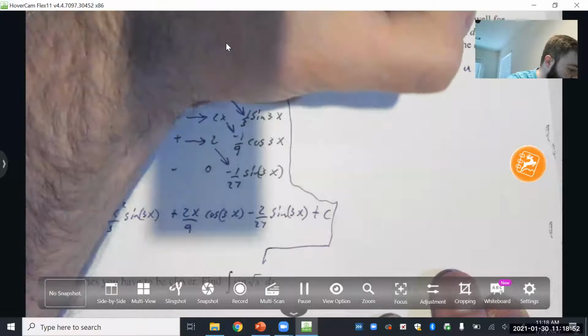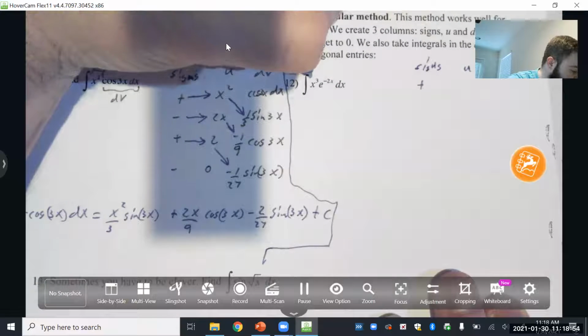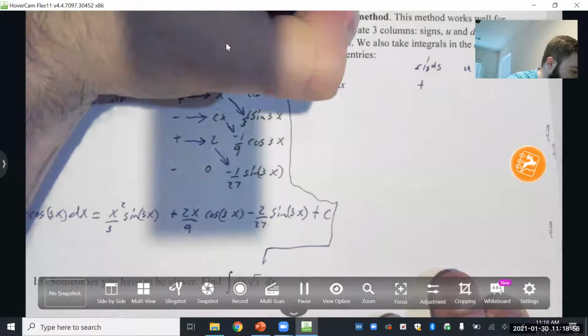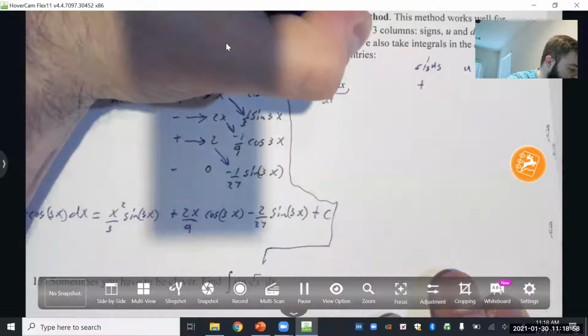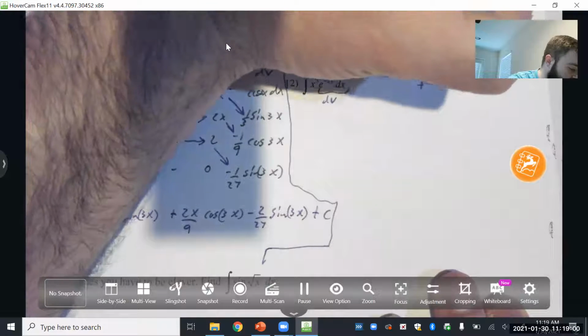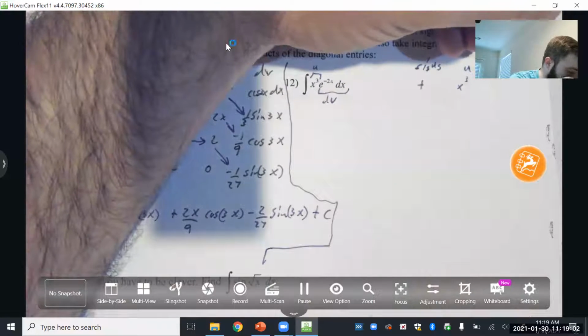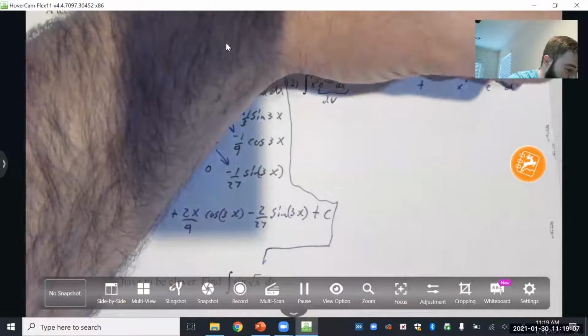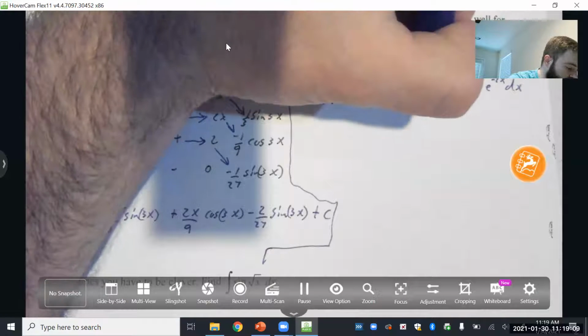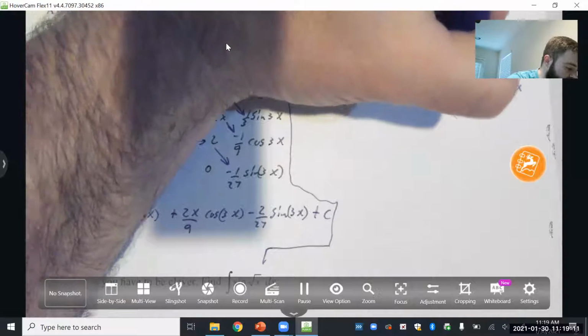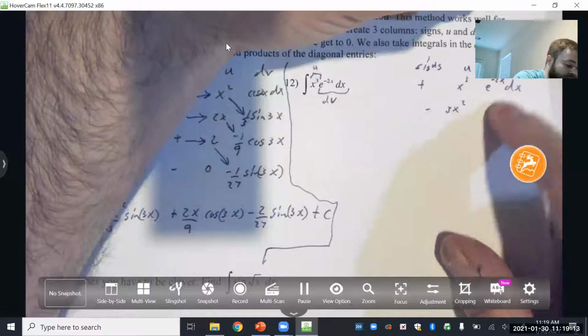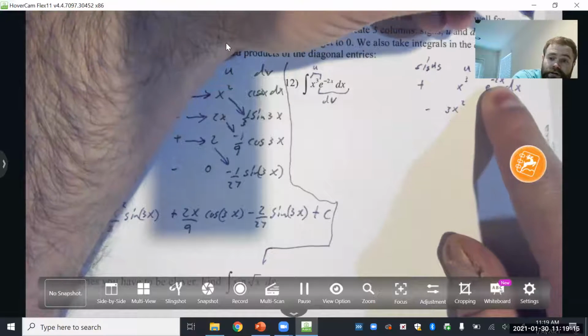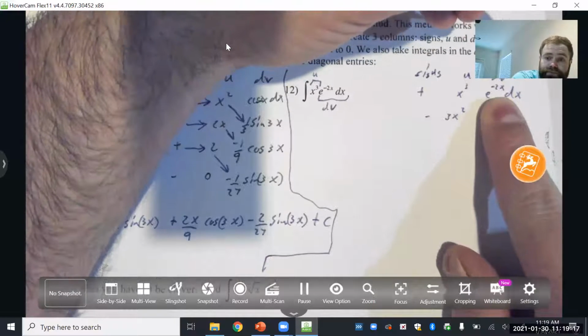Signs positive, and then here our x cubed will be the u, and the e to the negative 2x dx, that's the dv. So x cubed, and then e to the negative 2x dx, and then the derivative will be 3x squared, and then we take the integral, so we need to divide by the derivative of that power.